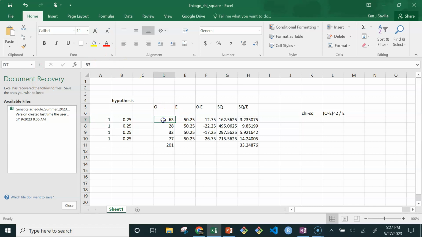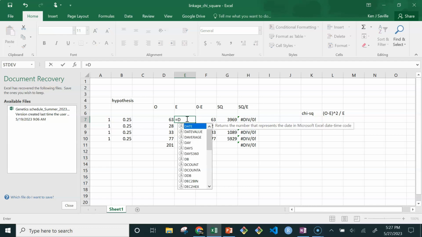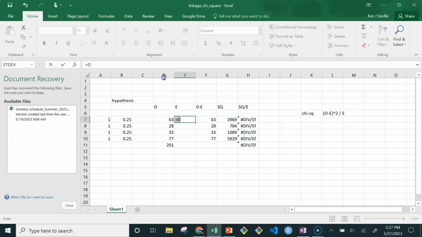So the way I got this, here, I'll take this out of here. We're going to take our observed. If you don't know how to use Excel, by saying equals D7, oops, equals D7. So that's going to be whatever's in this cell times, I guess we could make it B7 here. Oh, I did the wrong thing.